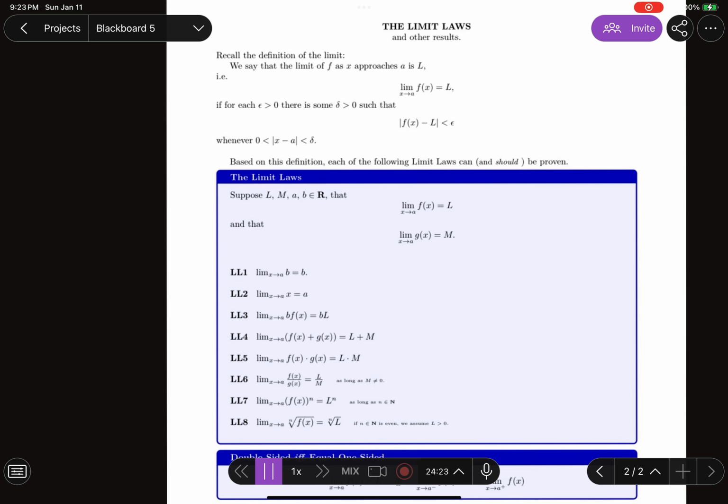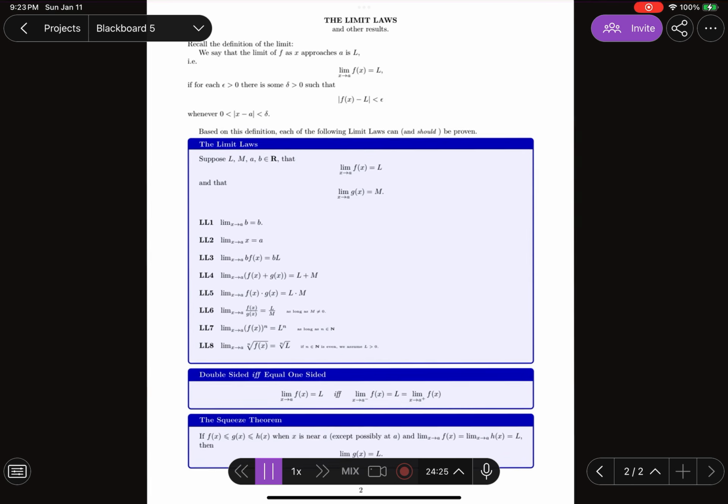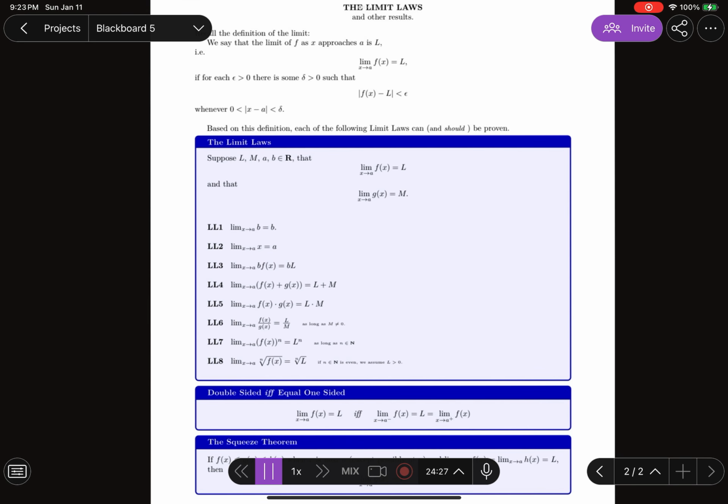Okay, so this is the set of limit laws. These are all really important, and I guarantee you guys, you are going to love these limit laws because they make our job so much easier. Once we have these proven, then we will be able to skip a lot of steps. We have been very annoyed with this epsilon delta definition of a limit. I've put it here for convenience because it's so exhausting.